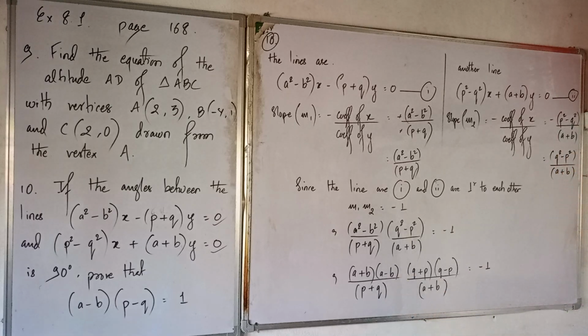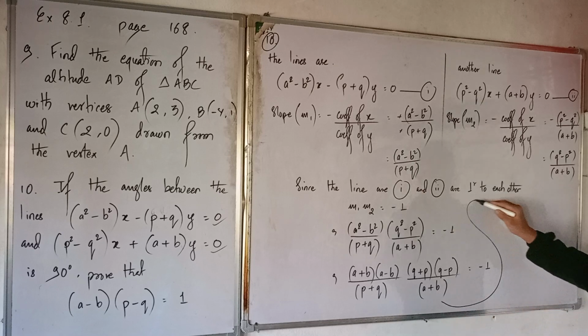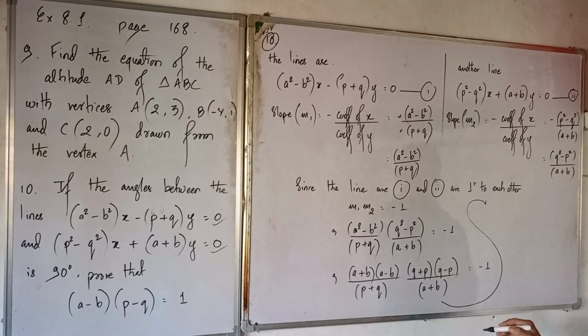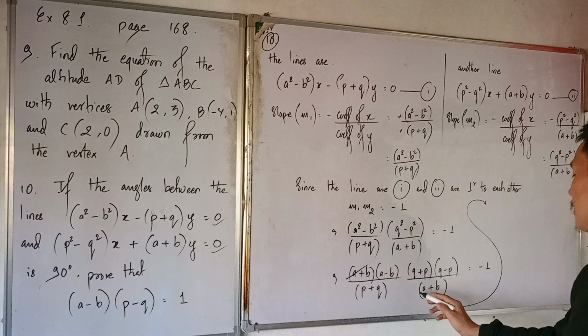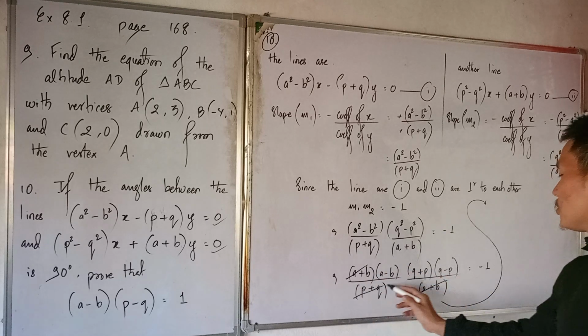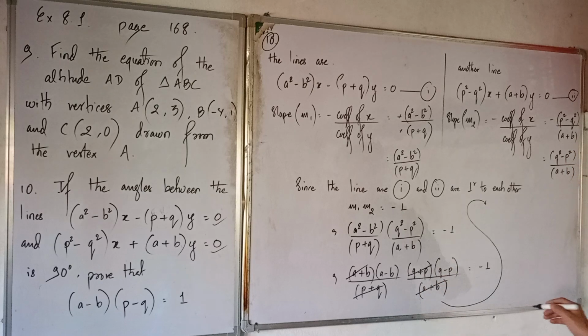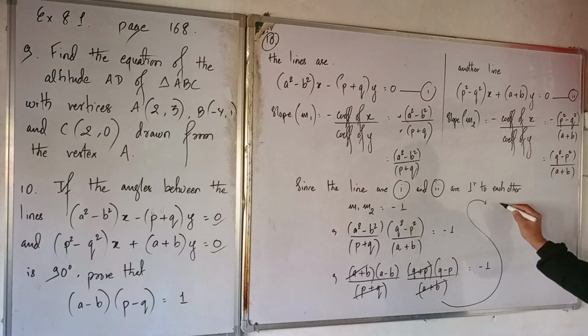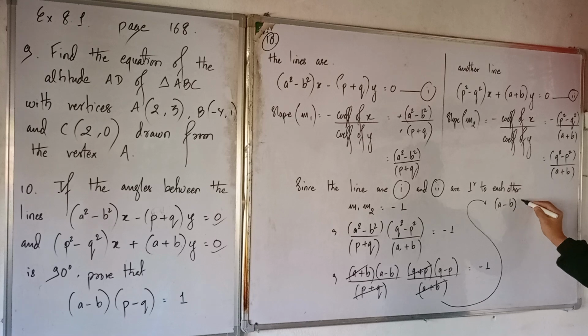Now you can cancel like terms, which are the same terms. So a plus b, you can cancel that. Q plus p and p plus q, you can cancel that. Now the remaining, we can write (a minus b)(q minus p) is equal to minus 1.